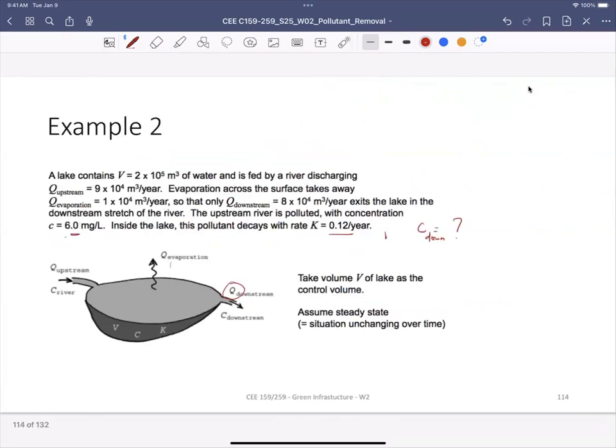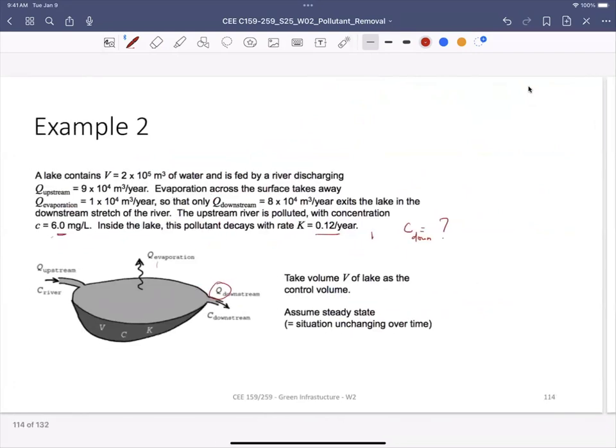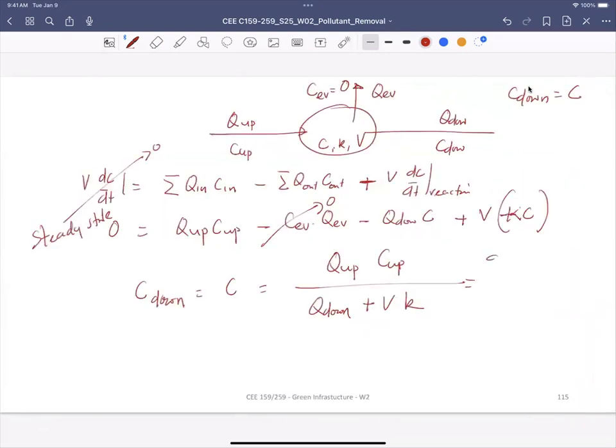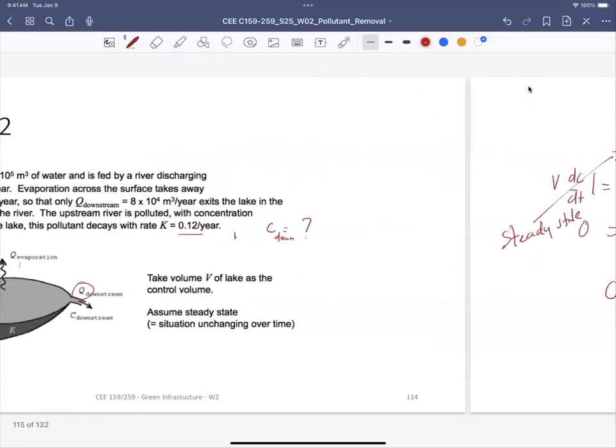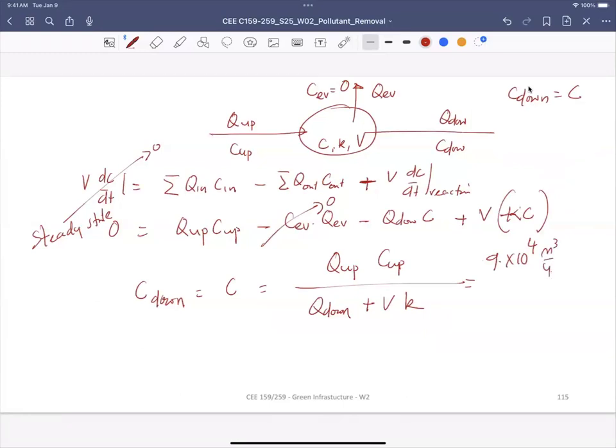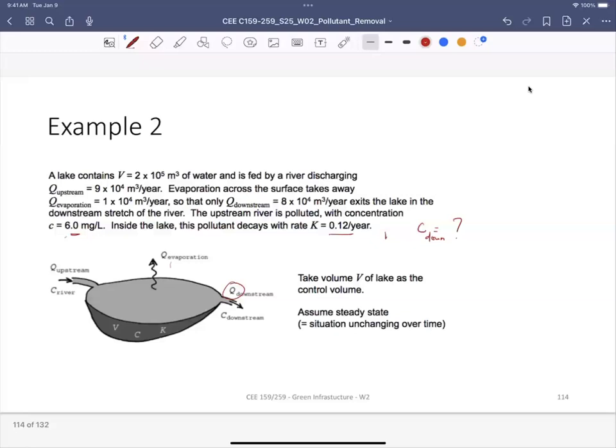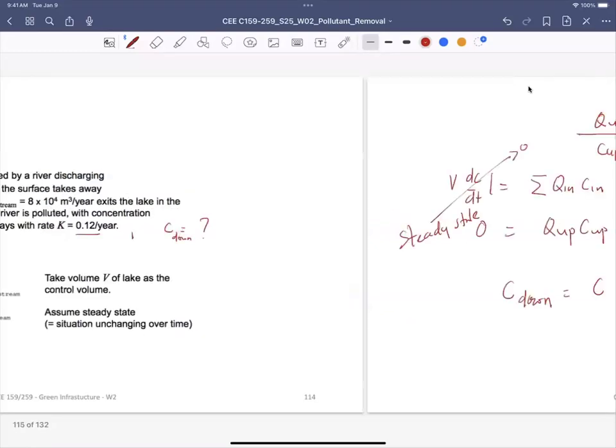Q up is given as 9 times 10 to the power 4 meter cube per year, and C up is the upstream river concentration, 6 milligram per liter.